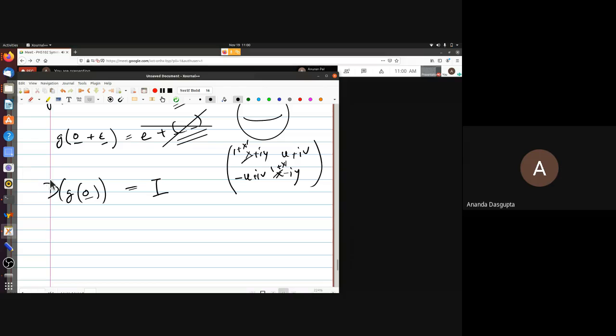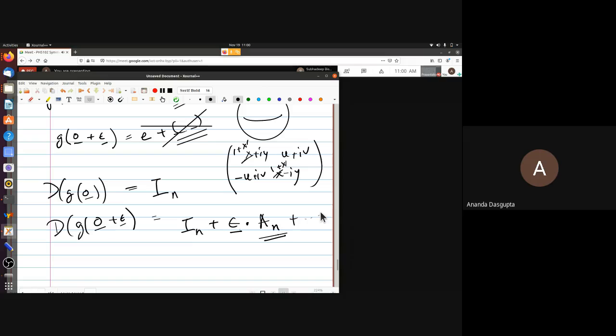So if I am talking of an n-dimensional matrix representation, this is an n by n identity matrix, and then you can easily say, if epsilon bar is a small vector, some n by n matrices, of course plus higher order terms.